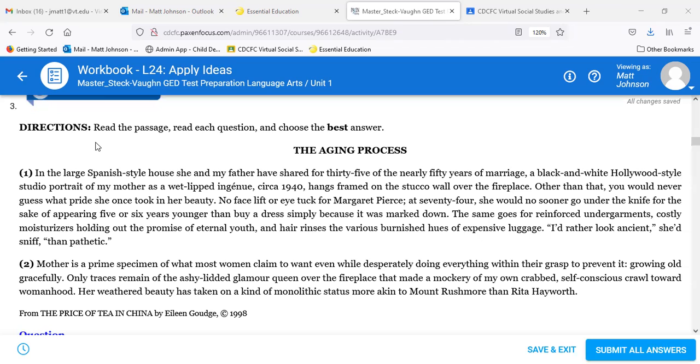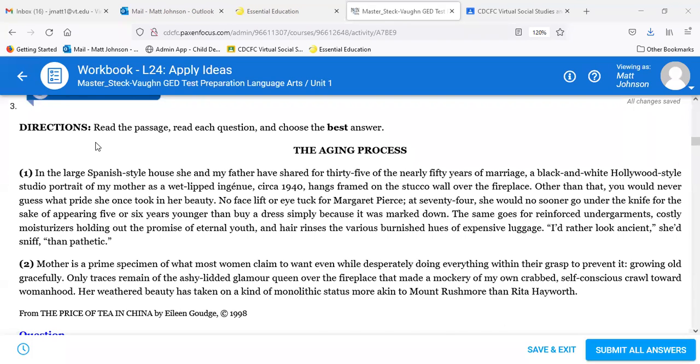The same goes for reinforced undergarments, costly moisturizers holding out the promise of eternal youth, and hair rinses in the various burnished hues of expensive luggage. I'd rather look inside, she sniffed, than pathetic.